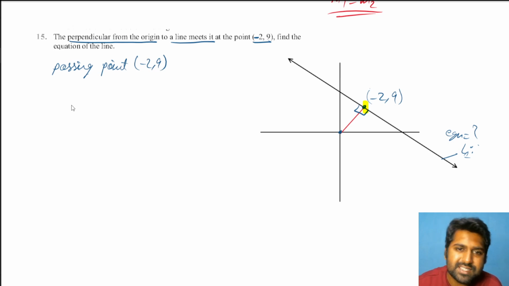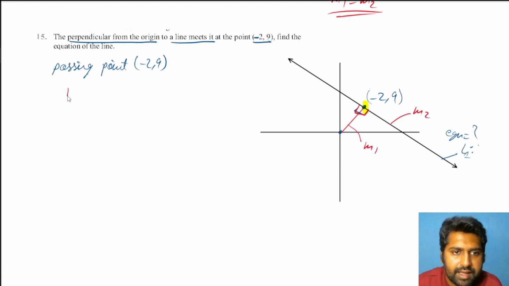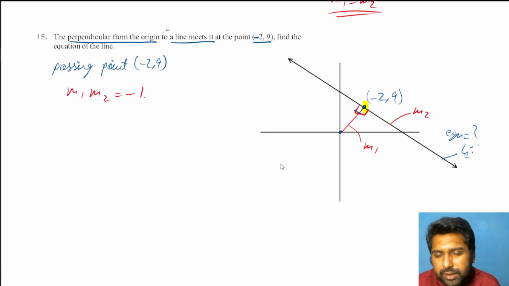The moment we get slope, we can use slope point form. Now the only condition that they have given is regarding this perpendicular. Let's say this line has slope m1. Let's say our line has slope m2. If they are perpendicular, m1 m2 should be equal to minus 1. Condition of perpendicular lines.